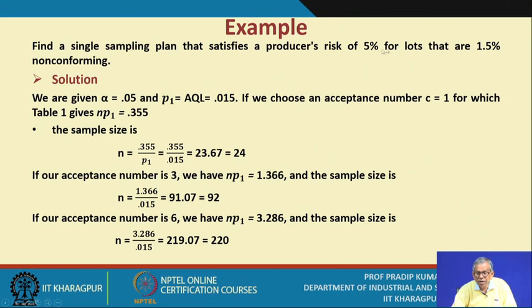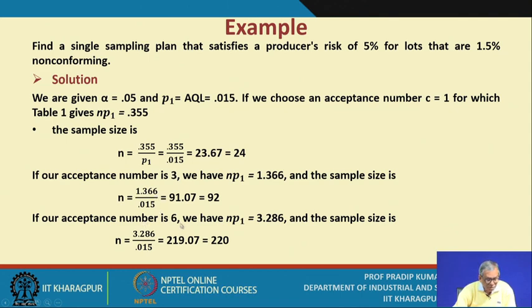Here it is 95%. That means if you refer to the cumulative Poisson distribution table, against a particular value of the probability of acceptance and a particular value of x, it is already given. So that is c equal to 3. The corresponding value of lambda you can read from the table, and that value is 1.366.